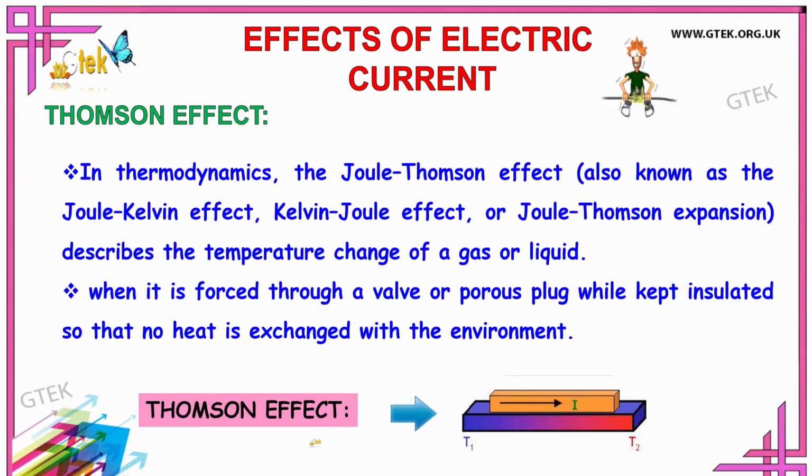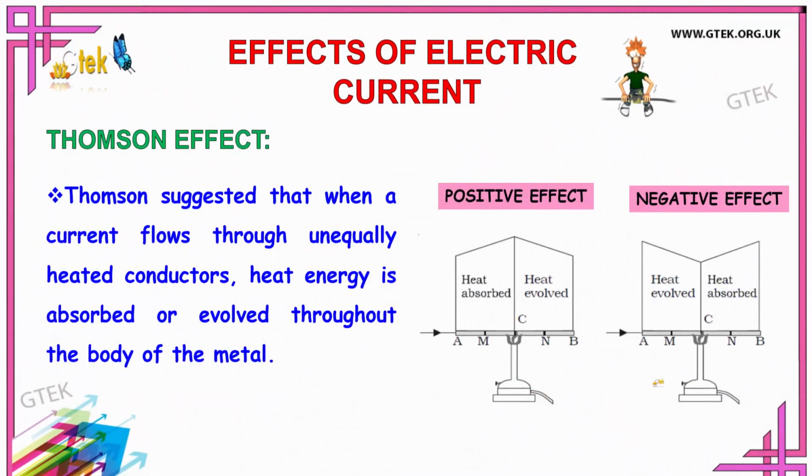The picture below shows the Thomson effect. An insulator has been taken. Temperature T1 varies to temperature T2 at the other end when the current is passed from one end to the other. This is the so-called Thomson effect.